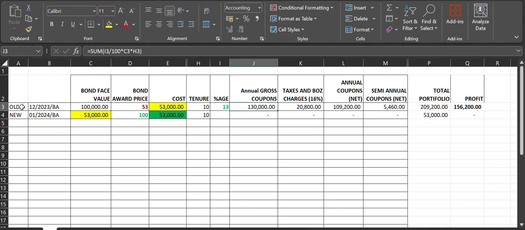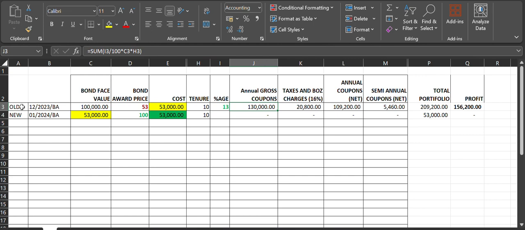So in the old method, again, bonds were issued at a discount. Under the old method, for every 100 kwacha of the bond face value, you paid an amount less than 100 kwacha. It typically ranged from 50 kwacha to maybe 58 kwacha.